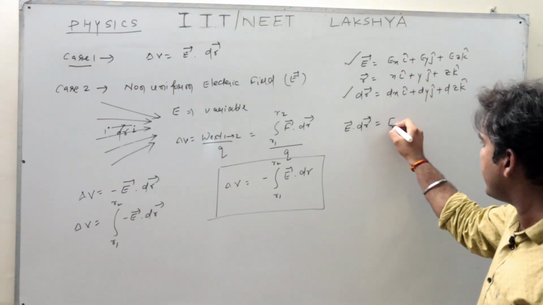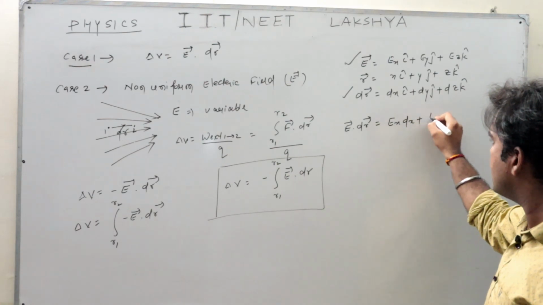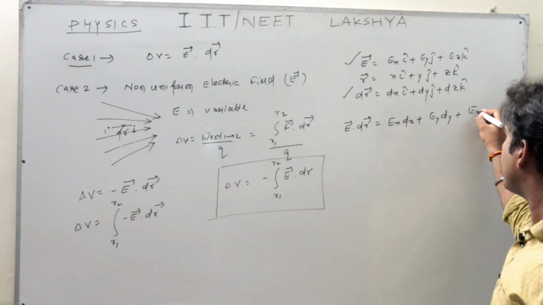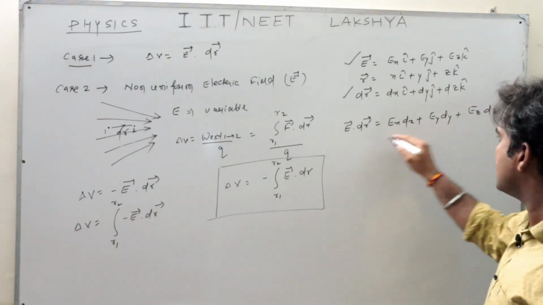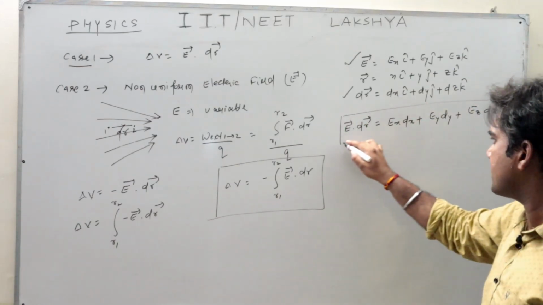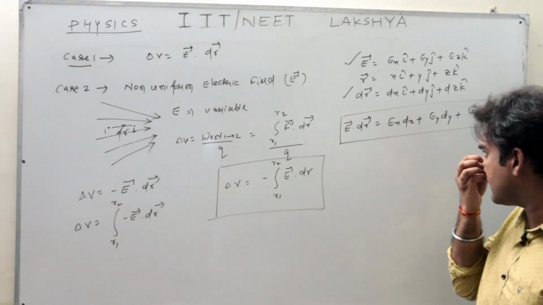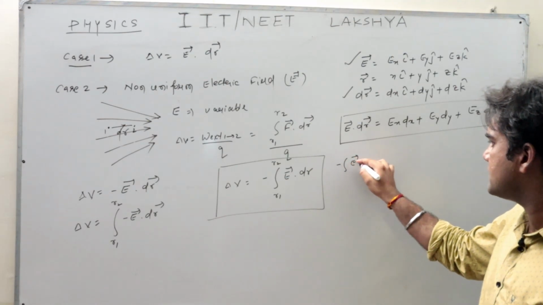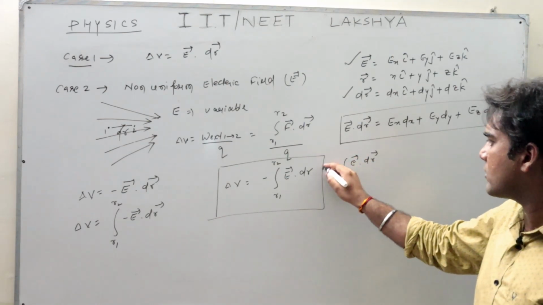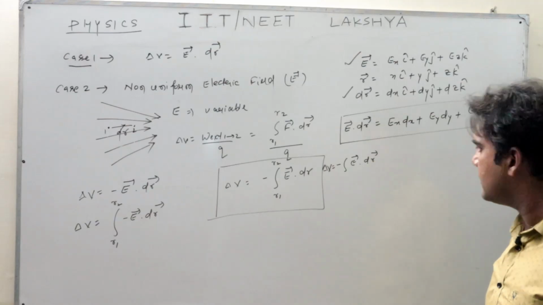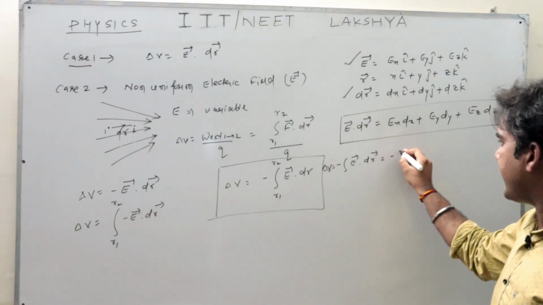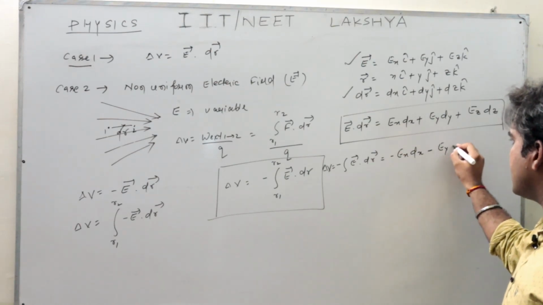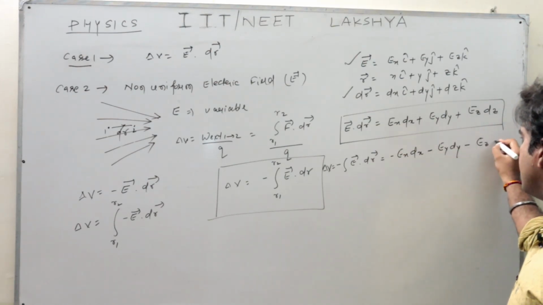So I am going to have Ex dx plus Ey dy plus Ez dz, component-wise multiplied. So that will be my E dot dr. And if I put a minus sign, minus E dot dr, that will be my delta V. So I am going to write here minus Ex dx minus Ey dy minus Ez dz.